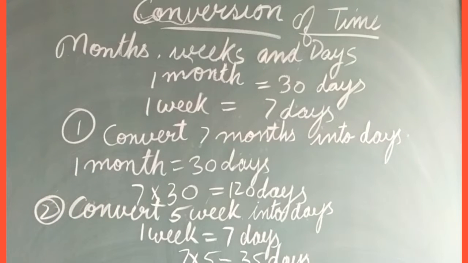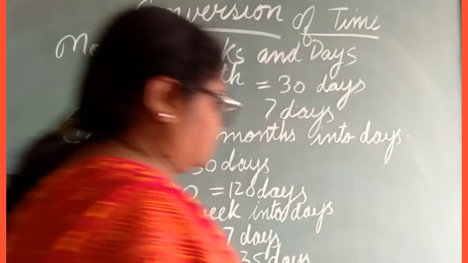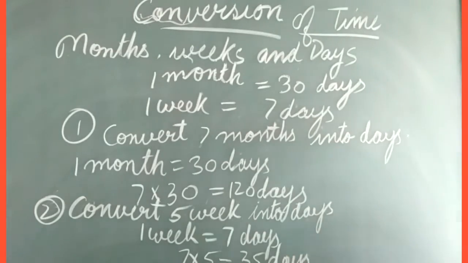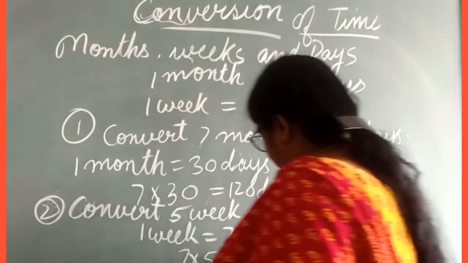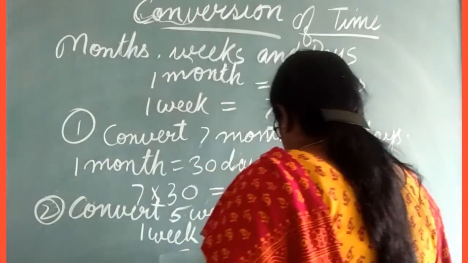So what you are seeing here in the next question is that you have to change weeks into days. So 1 week equal to 7 days. You can write it inside also: 1 week equal to 7 days.